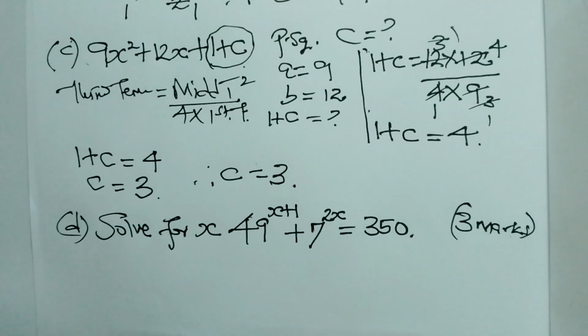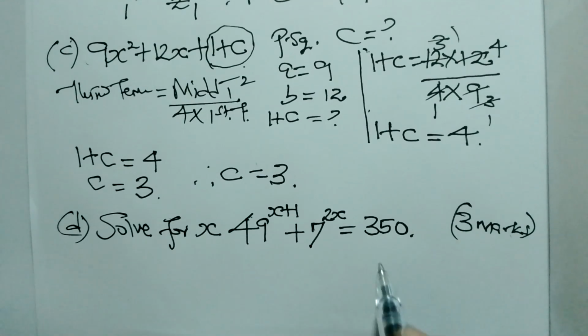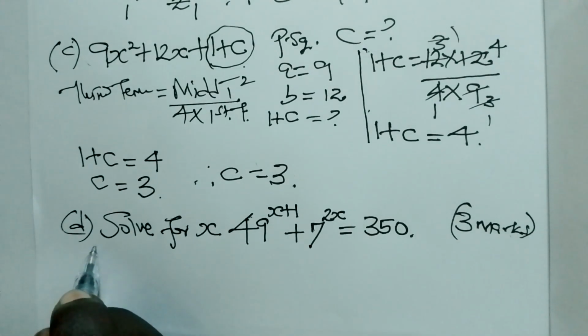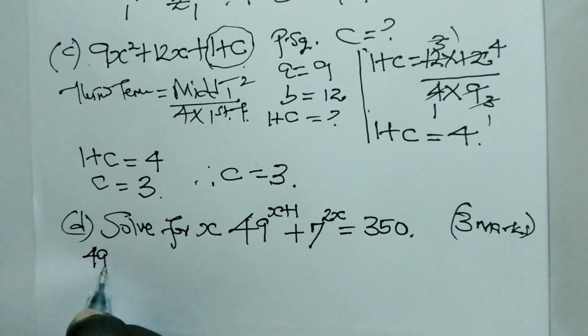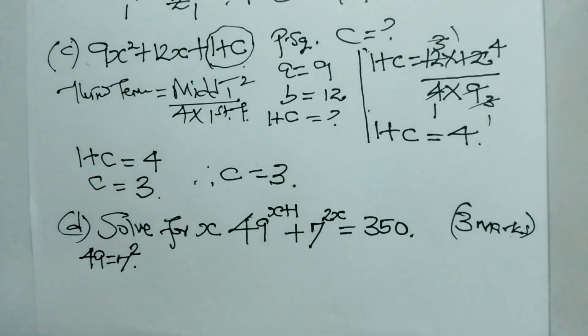So to solve this type of equation, we can see that 49 can be expressed in terms of a base of 7 raised to a certain index, since we have 7 here. So 49 can be written as 7 squared.